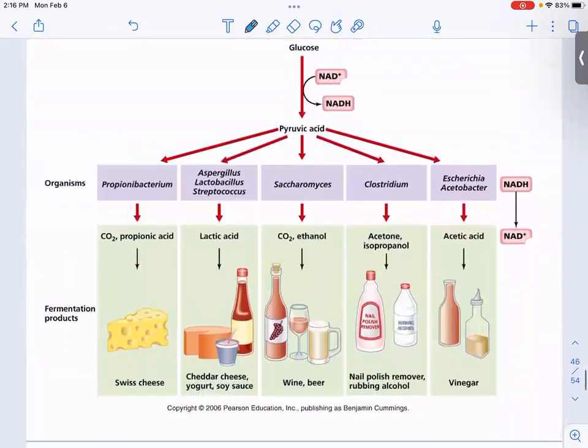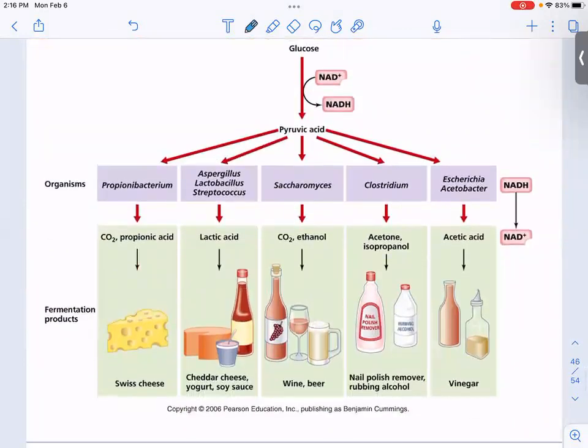Okay, but recognize that because bacteria can ferment different products, it's been enormously helpful to us as humans. We get things that we eat, like Swiss cheese, things like yogurt, soy sauce, even as a result of bacterial fermentation. Of course, alcoholic beverages, that's the yeast, Saccharomyces cerevisiae.